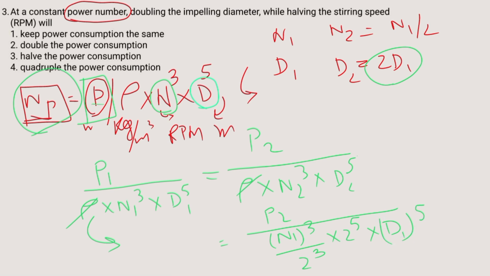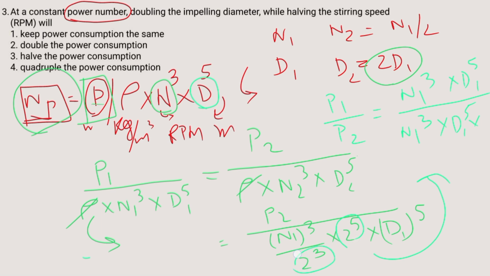Thus P1 by P2 equals N1 cubed into D1 to the power 5 divided by N1 cubed into D1 to the power 5 into 2 to the power 5 by 2 to the power 3, that means into 2 to the power 2.